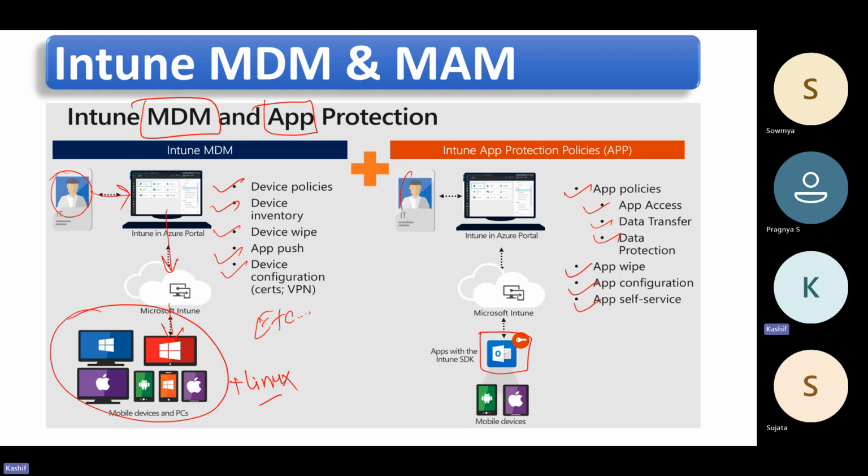So basically, as Intune administrator, you will be creating policies for mobile applications in the Intune portal, and that policy will go to the Microsoft Intune server, and from the server, it will get applied on the applications. So you as Intune administrator will be doing mobile device management and mobile application management.